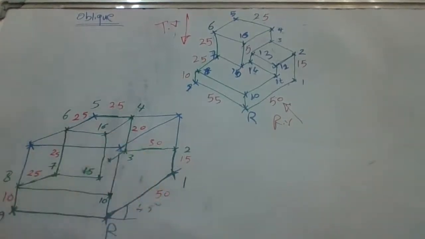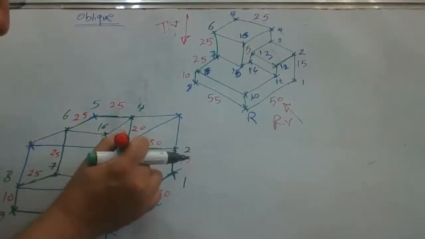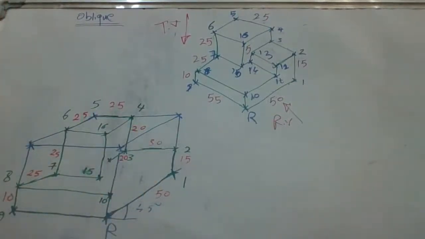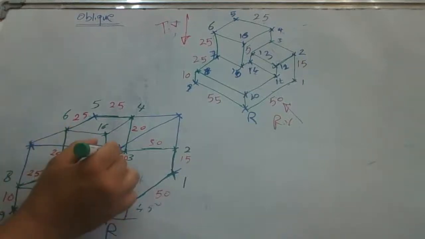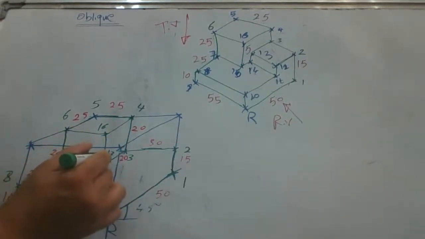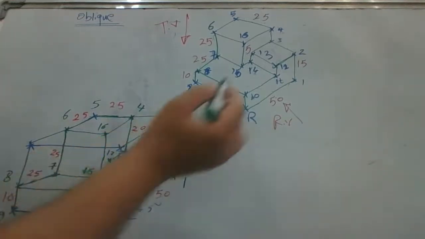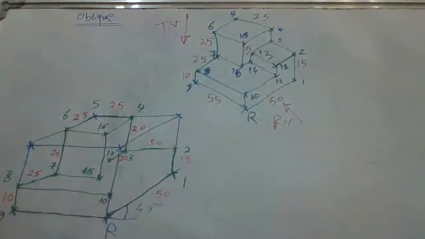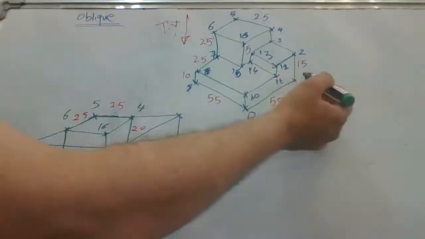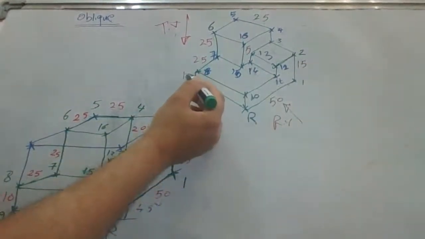20 centimeter. From 3 to 13. From 13 to 14, the height from 13 to 14, how much? Also, now from 1 to 2, 15, and from 9 to 8 is 10.